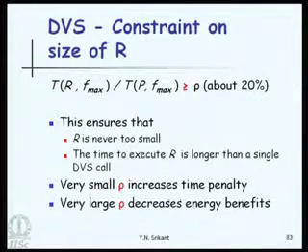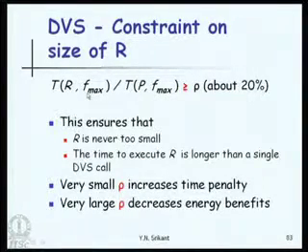Given that there are two regions, there is a region R and there is a whole program P. There is a constraint on the size of the region R. T(R, F max) is the time required to run the region R at the highest frequency F max, and T(P, F max) is the time required to run the whole program at F max.